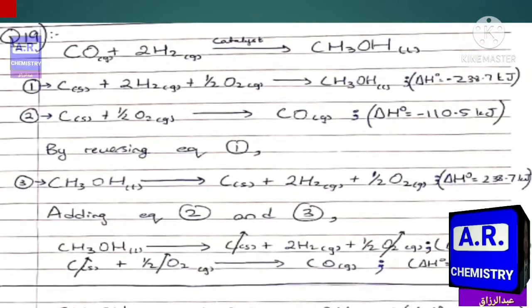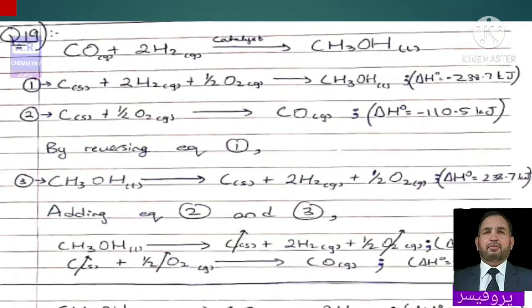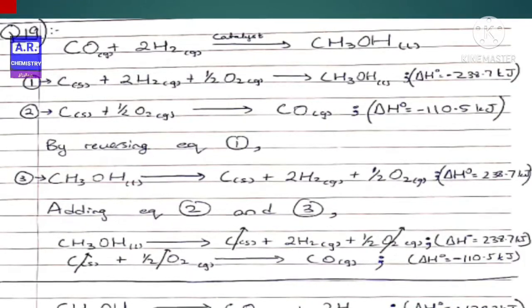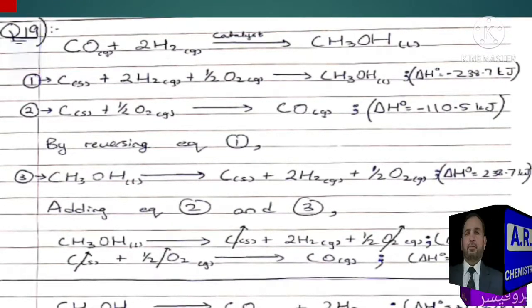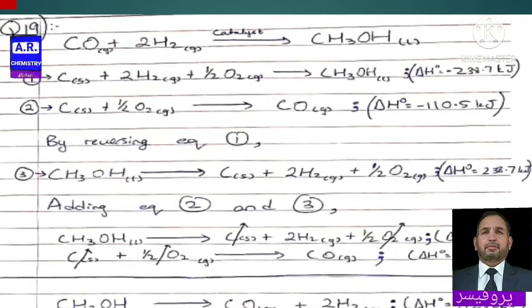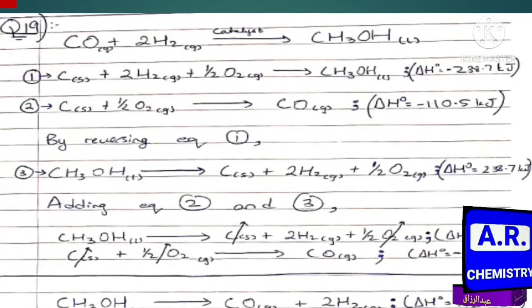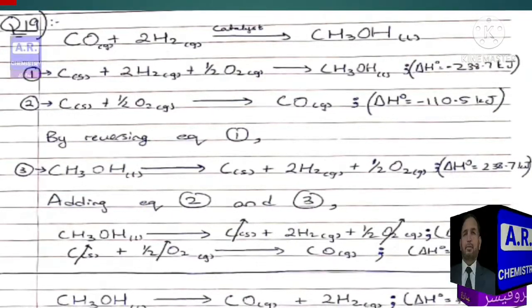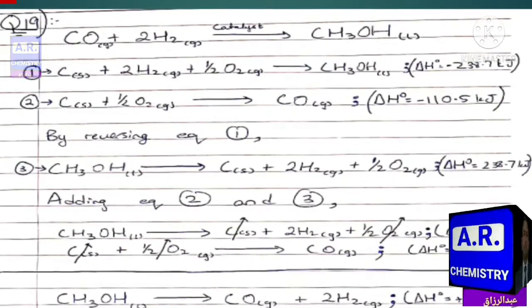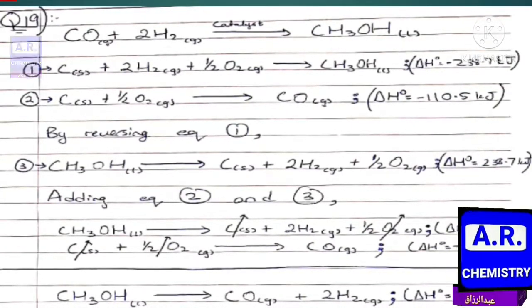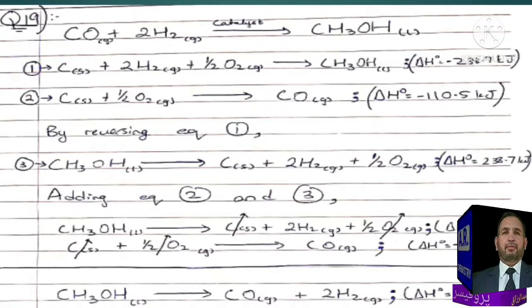Its energy value will be the enthalpy of combustion or formation of carbon monoxide, and delta H naught C or delta H naught F is equal to minus 110.5 kilojoules per mole. You can watch on the screen this written as equation number 2.